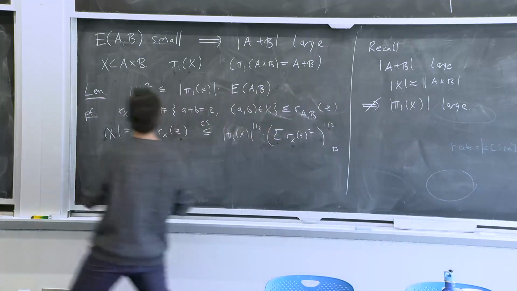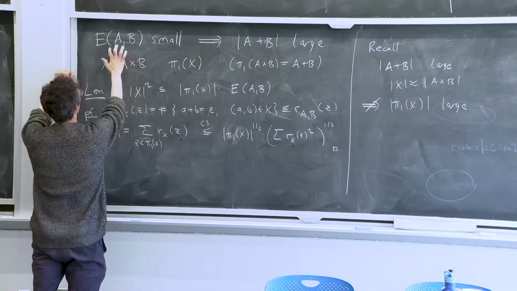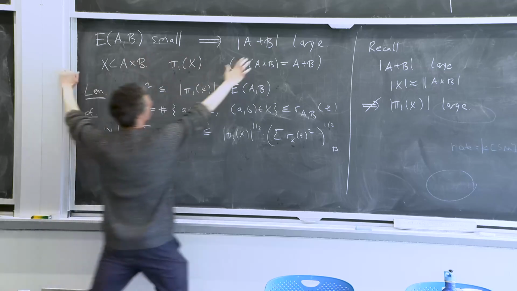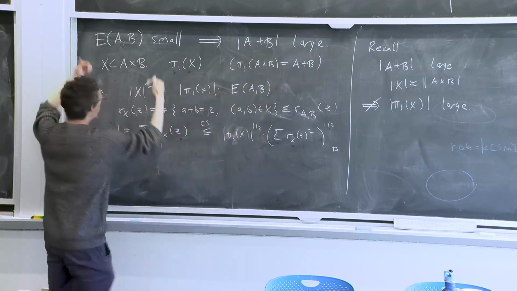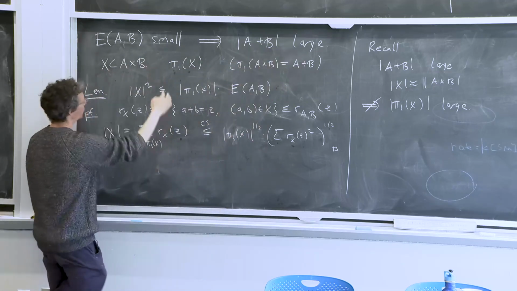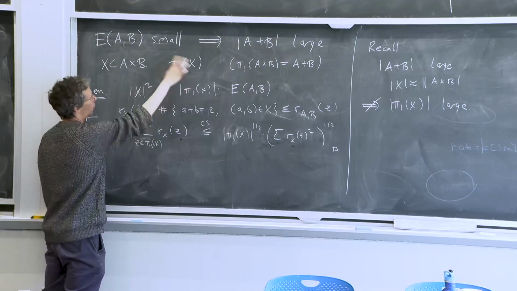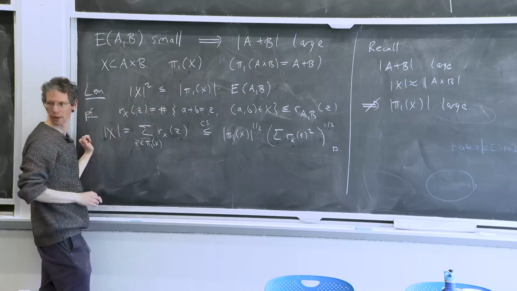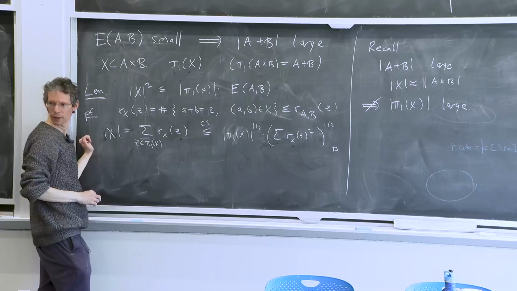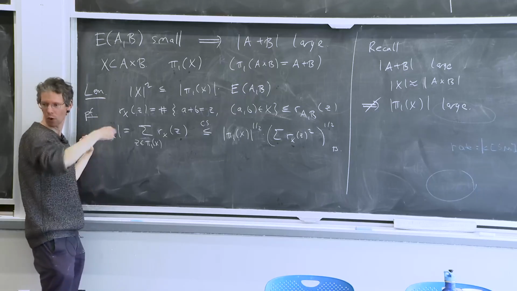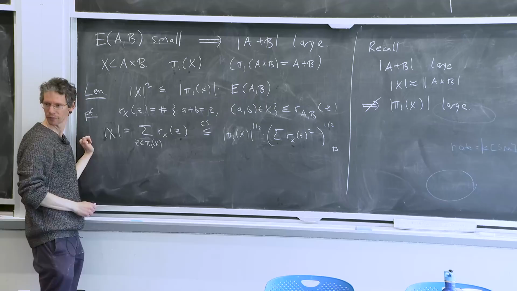So to summarize, having small energy implies that the sum set is large, but it's stronger than that. It also implies that pi1 of x is large for all substantial subsets of A cross B. So it's stronger in a way which is exactly what we need in our discussion.